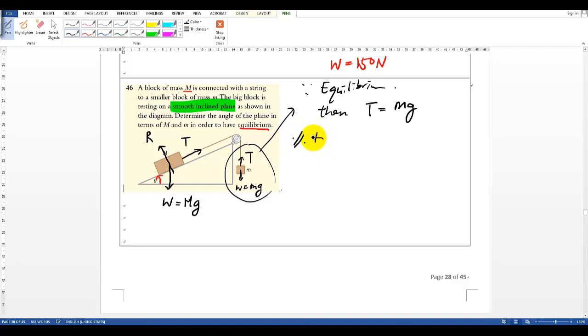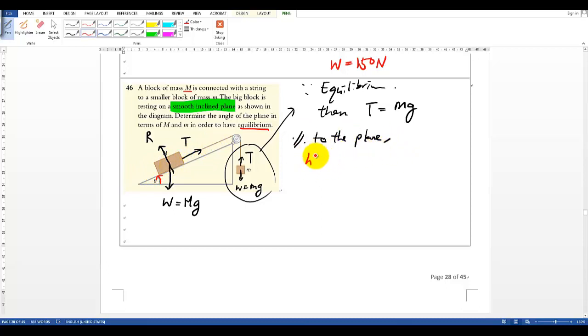So parallel to the plane, like usual, I ask you to memorize the component of the weight. So we would have the downward force along the plane equal to the one going up along the plane.